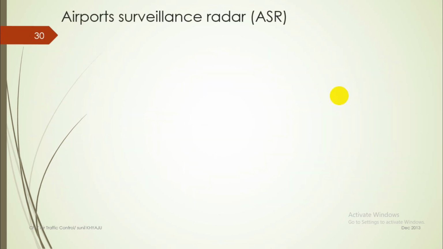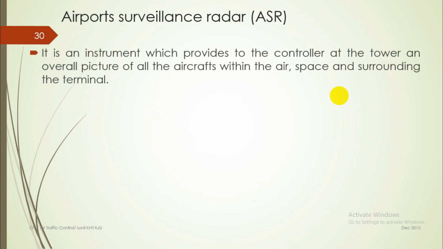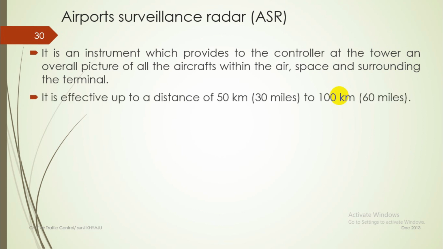Airport Surveillance Radar, ASR. It is an instrument which provides to the controller at the tower an overall picture of all the aircraft within the air space surrounding the terminal. It is effective up to a distance of 50 kilometers to 100 kilometers.